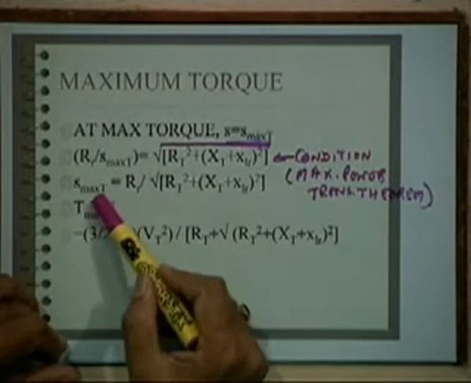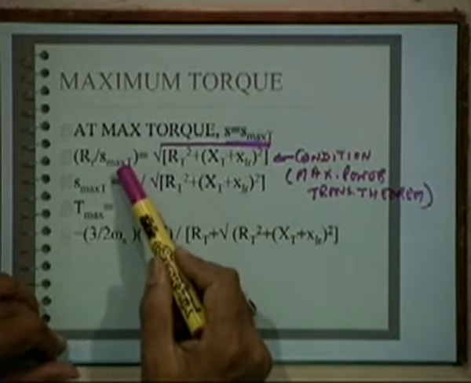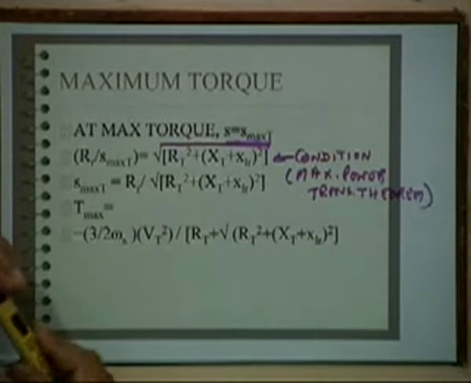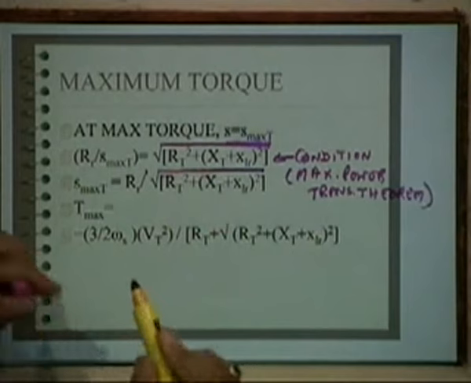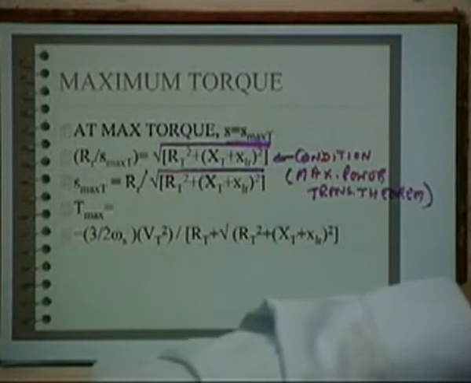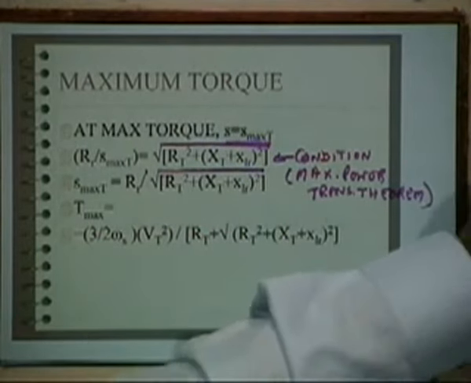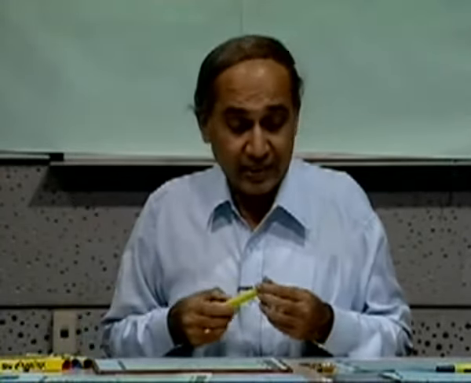That means S max T will be, what will be S max T now? Will be RR over that impedance. Isn't it? S max T will be the resistance divided by that impedance as here.